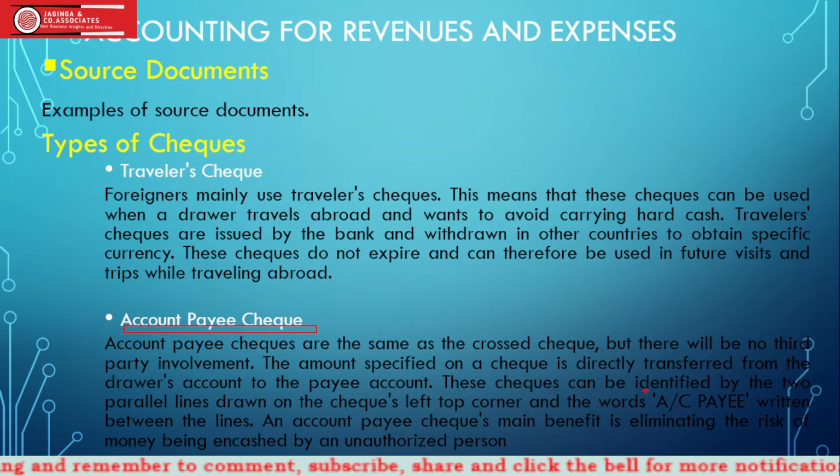This check can be identified by two parallel lines drawn on the check's left top corner and the words account payee written between the lines. An account payee check's main benefit is eliminating the risk of money being encashed by an unauthorized person. So that's the explanation of account payee check.